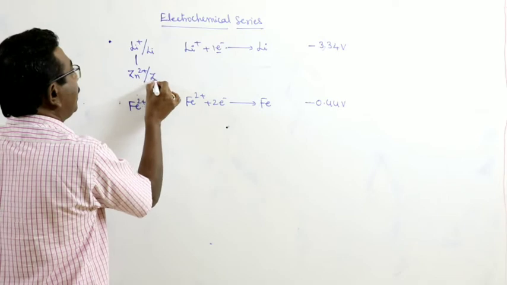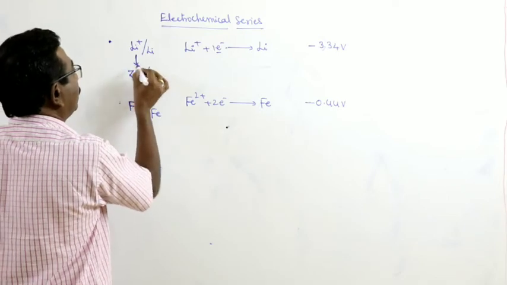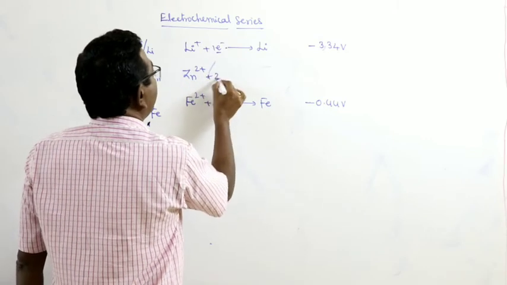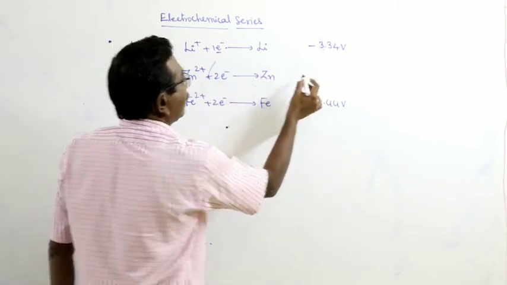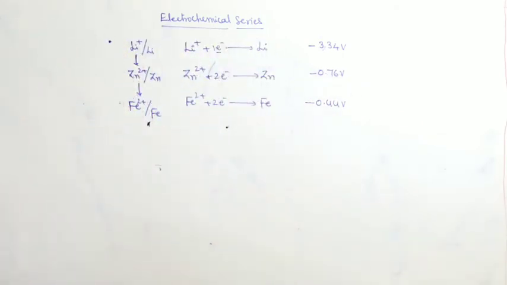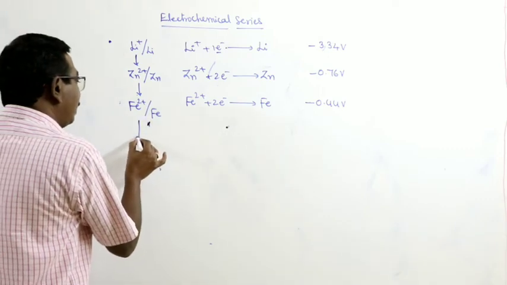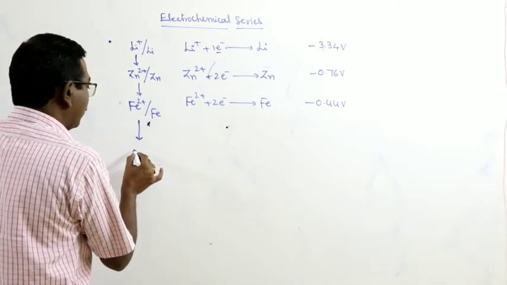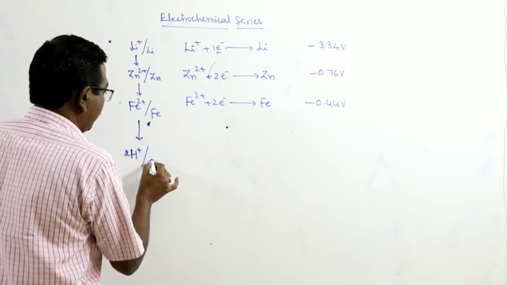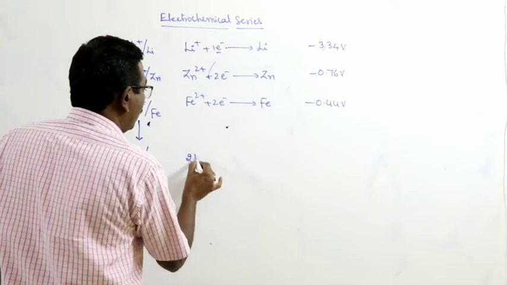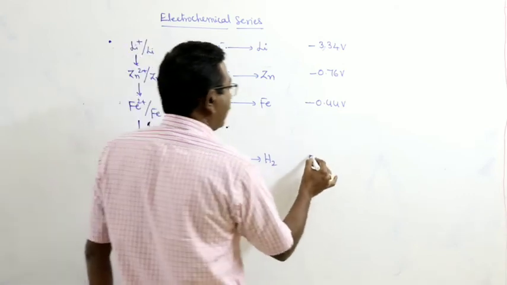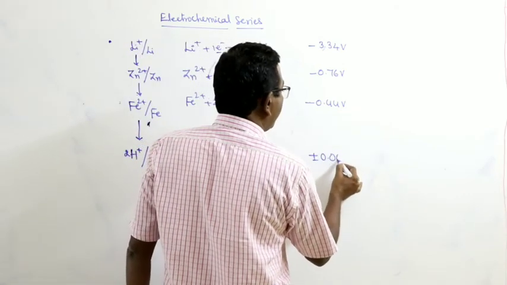Zn^2+ by Zn: Zn^2+ plus 2 moles of electrons gives rise to Zn. That is minus 0.76 volts. After that, we can write another one. That is H^+ by H2 gas, meaning 2H^+ plus 2 moles of electrons gives rise to H2. That is 0.00 volts.